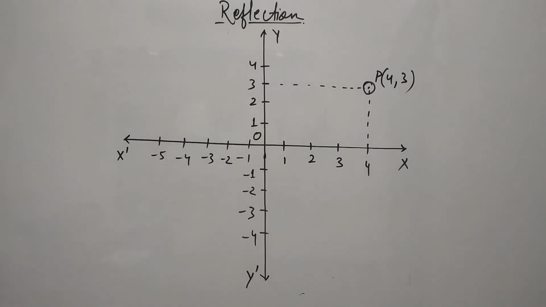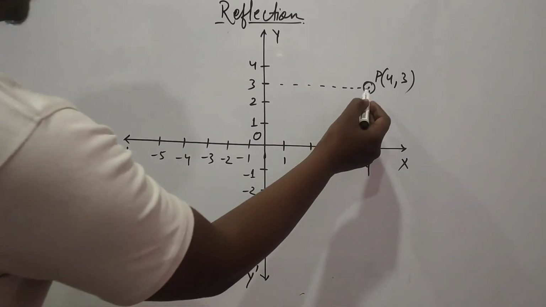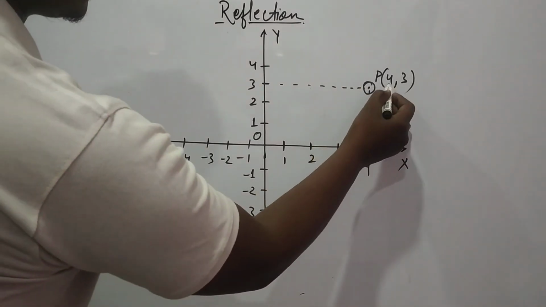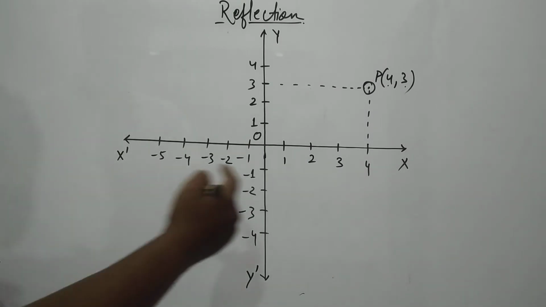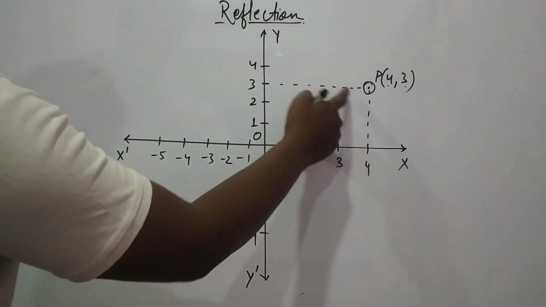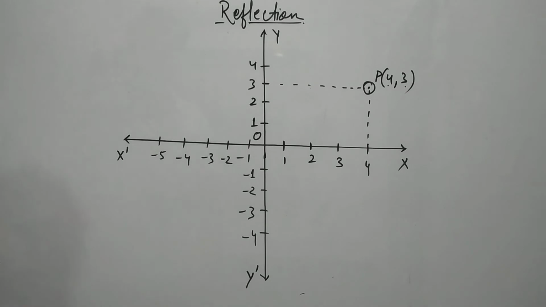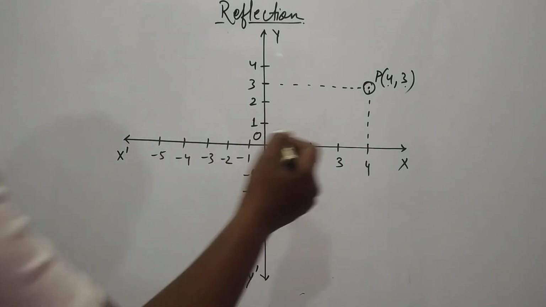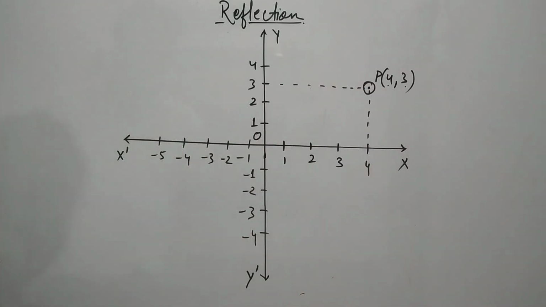You can see here that the point P has coordinates 4 and 3. That means on the x-axis we have gone to 4 and on the y-axis we have gone to 3. And we are required to find the reflection of point P on the y-axis.